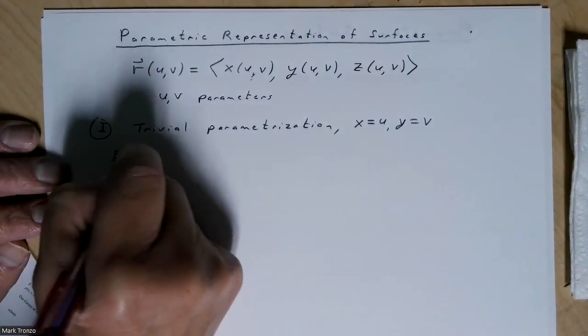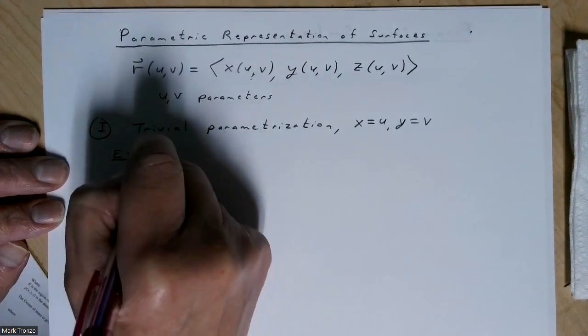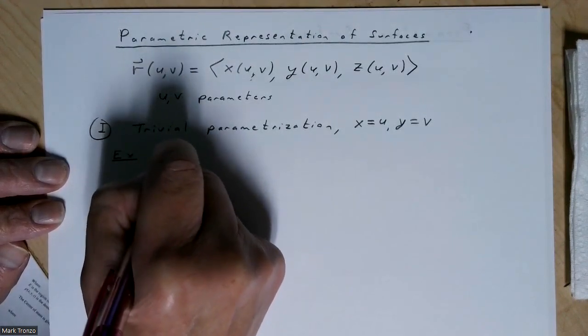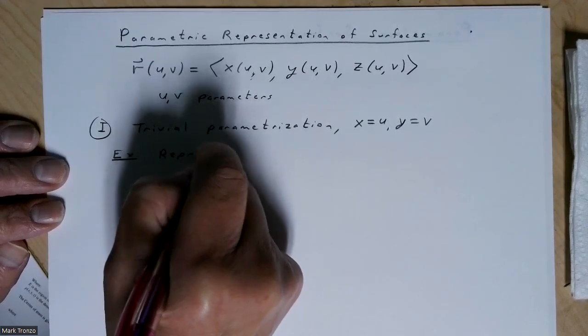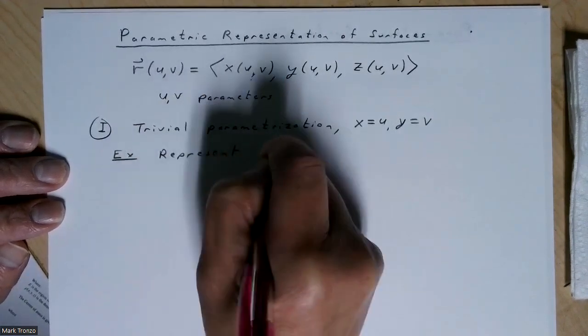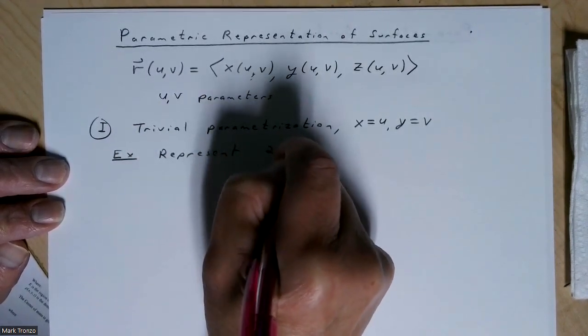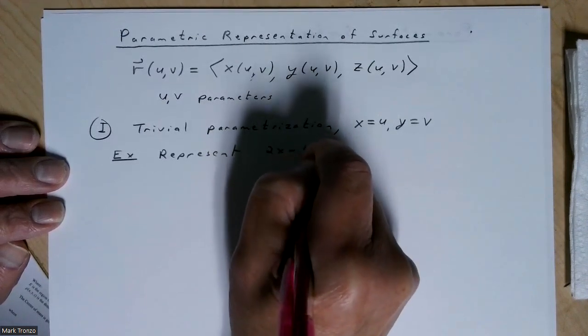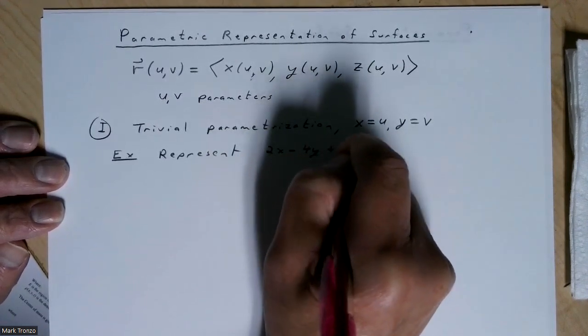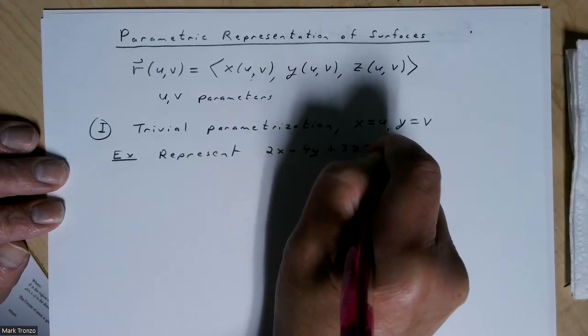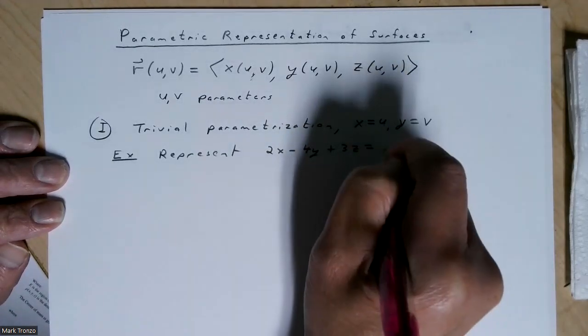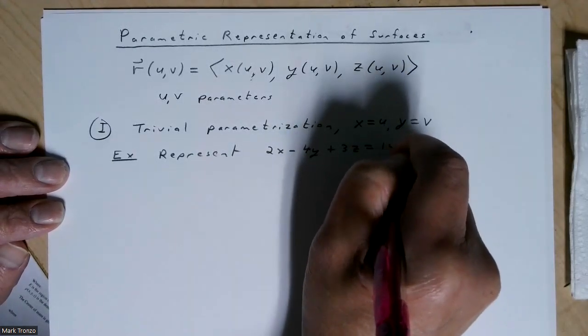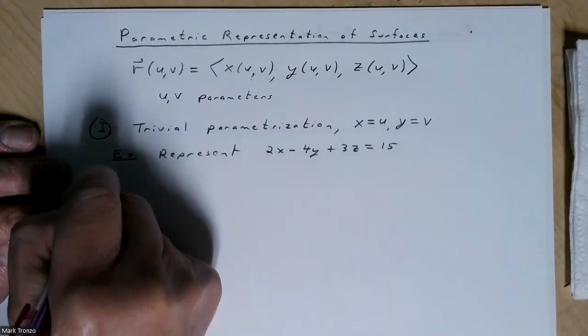And so an example, represent 2x minus 4y plus 3z is equal to 15. Represent this parametrically.